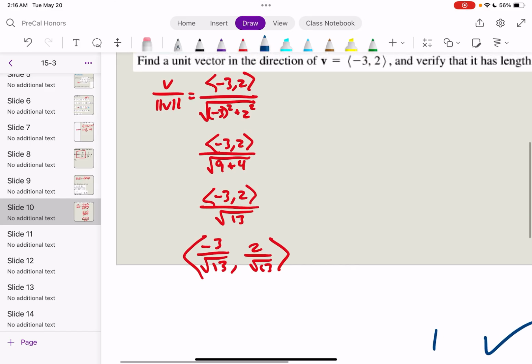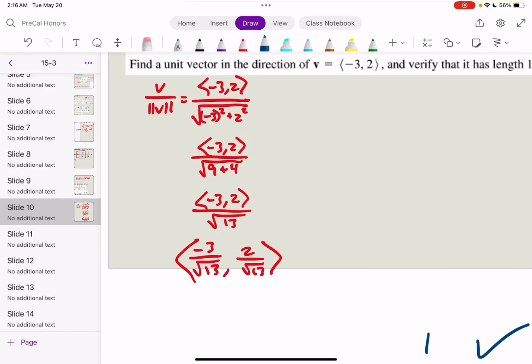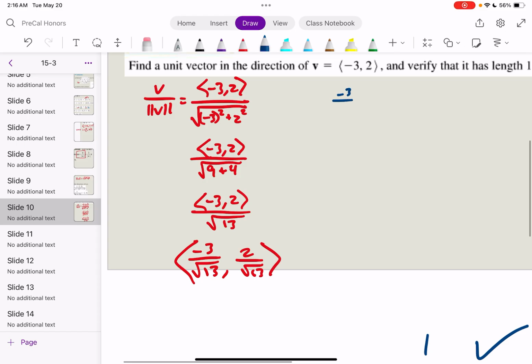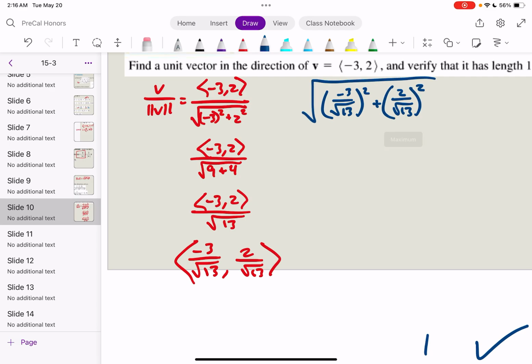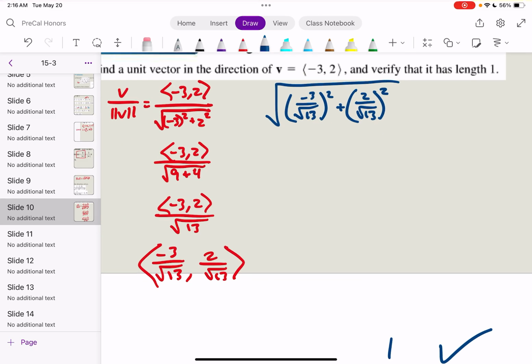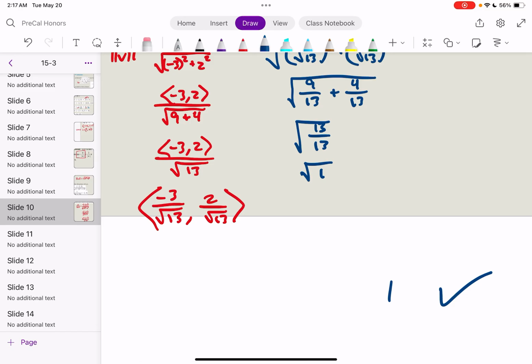So as we re-plug it in, this would give us a negative 3 over the square root of 13 being squared plus 2 over the square root of 13 being squared. This would leave us with 9 over 13 plus 4 over 13, which is 13 over 13. So the square root of 1 gives us a value of 1.